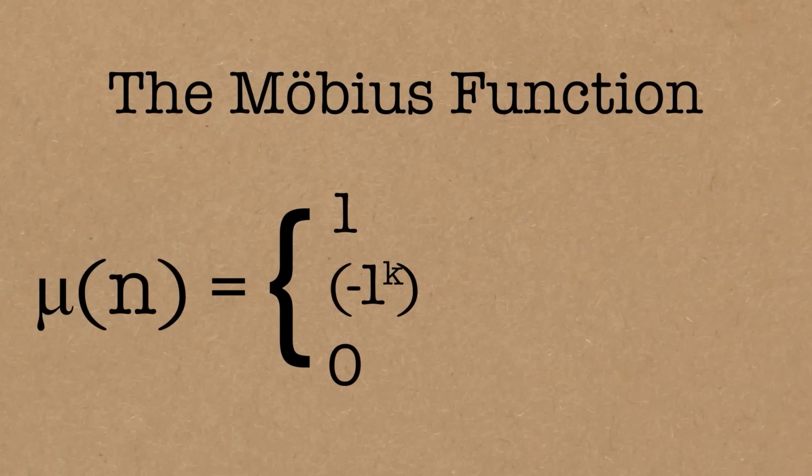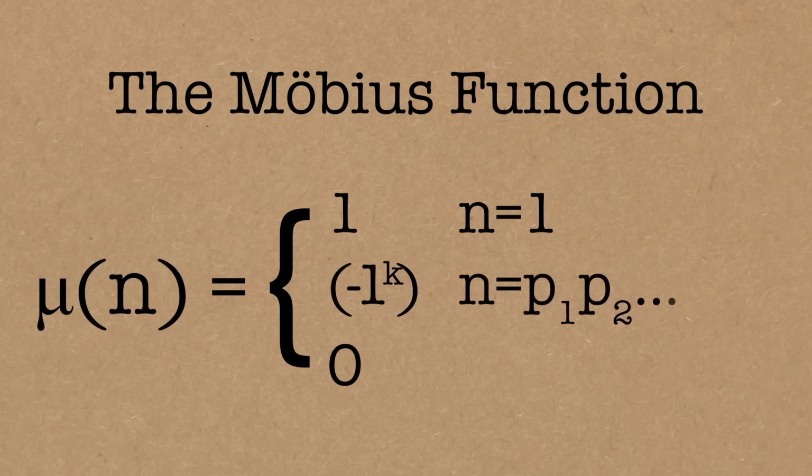It's either 1 or minus 1. So it will be 1 when n is 1. It will be negative 1 to the k depending on how many distinct prime divisors it has, but it cannot have the square of any prime divisor. So n has to be literally just a product of k distinct primes, period.